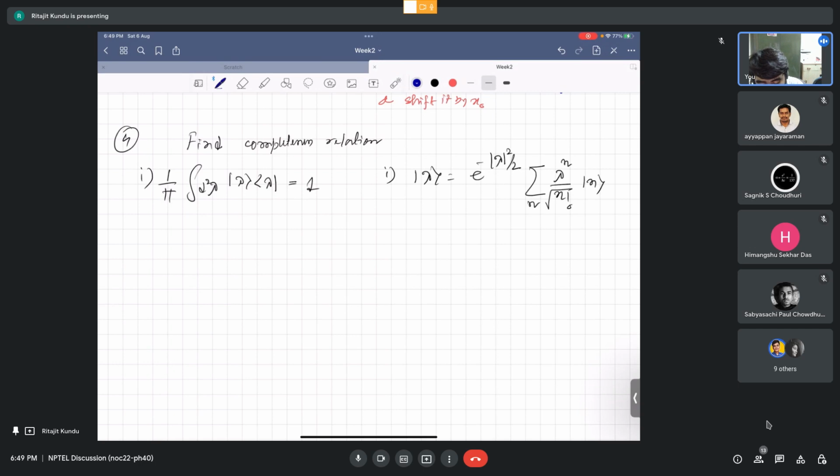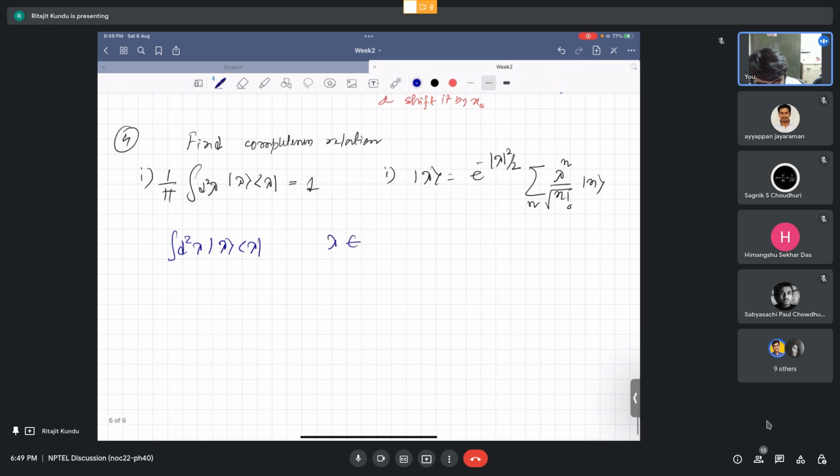So what we want to do is calculate this quantity and find out what this is. This is the completeness relation we are trying to derive, and the lambda here is a complex number.